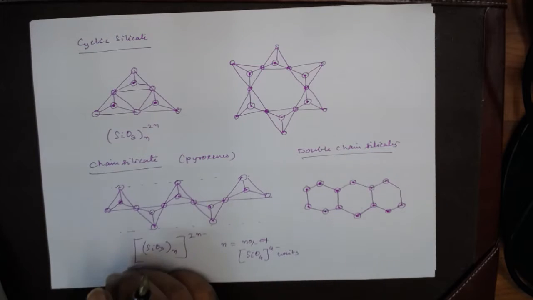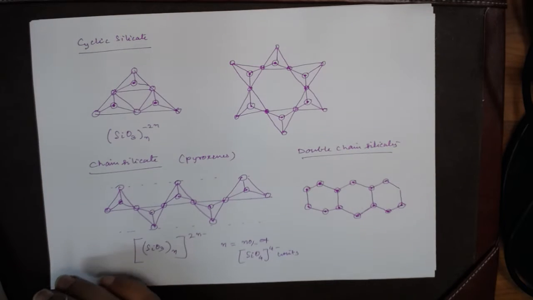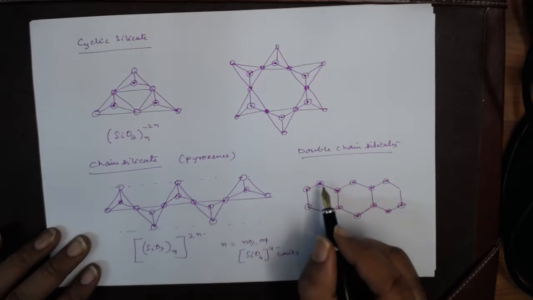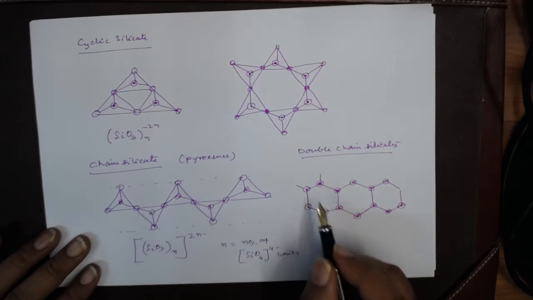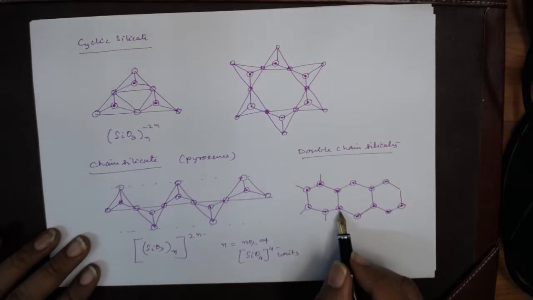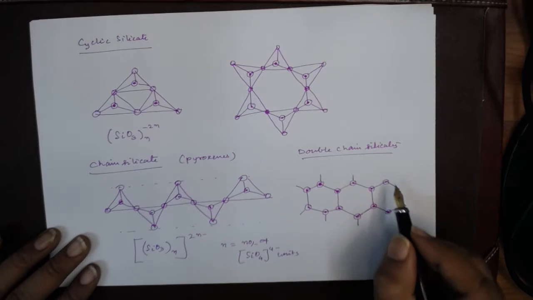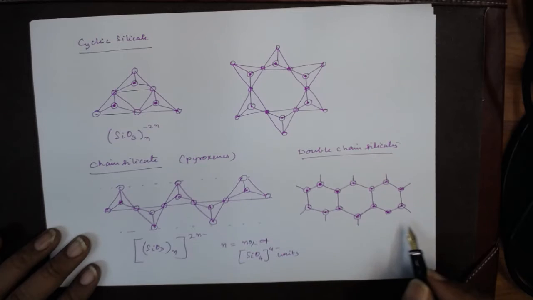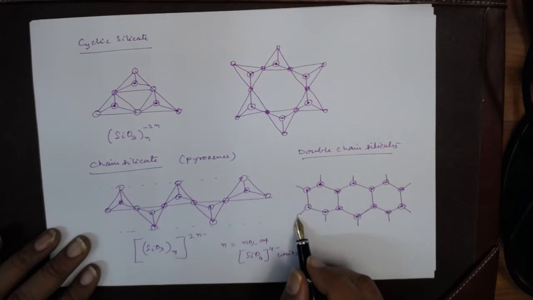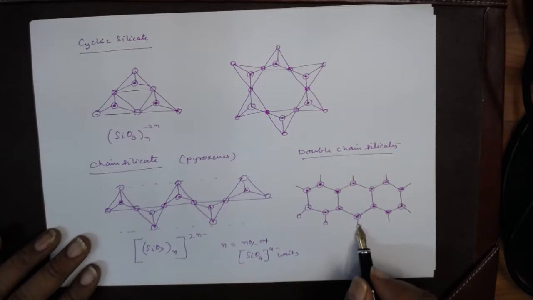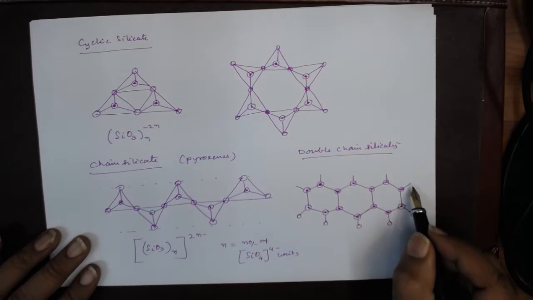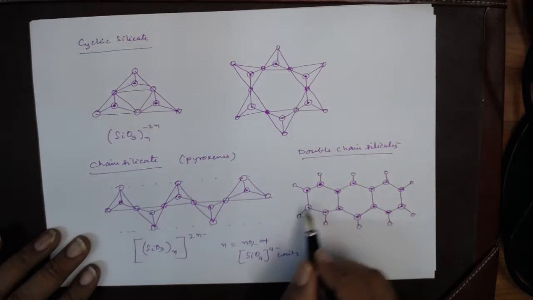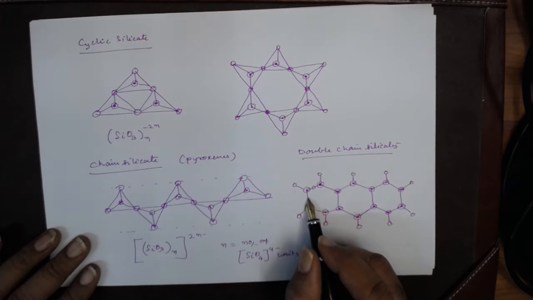Now you can further draw, just extend here, not here. And put oxygen. Okay, and in between you have to put oxygen.